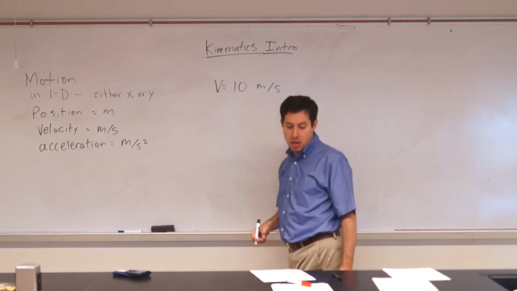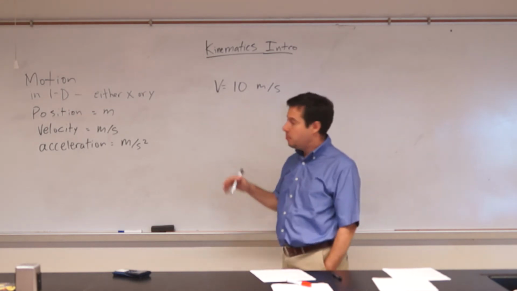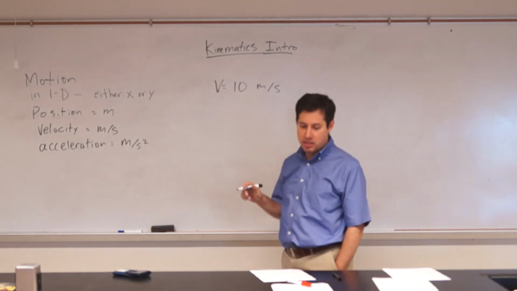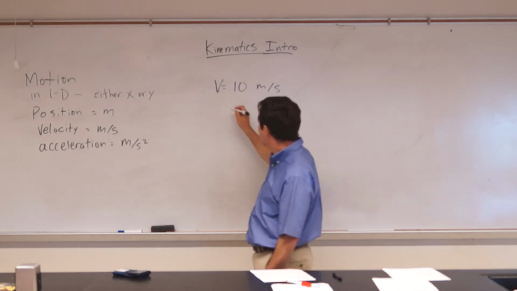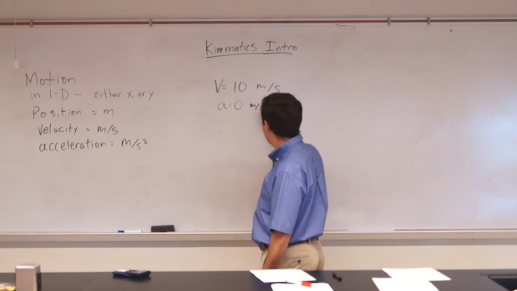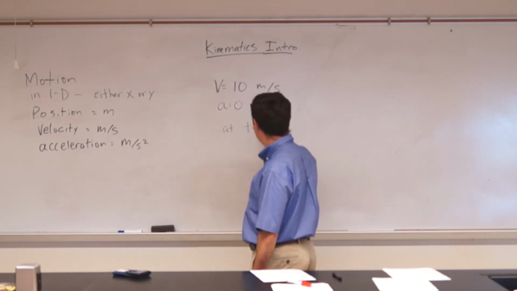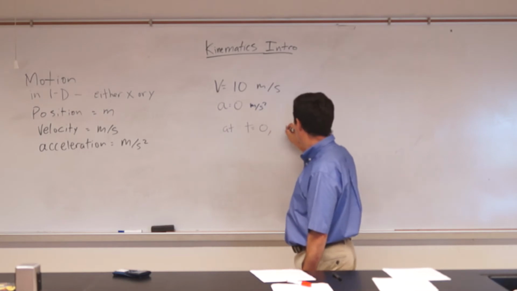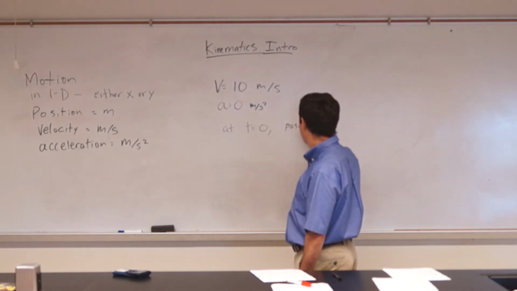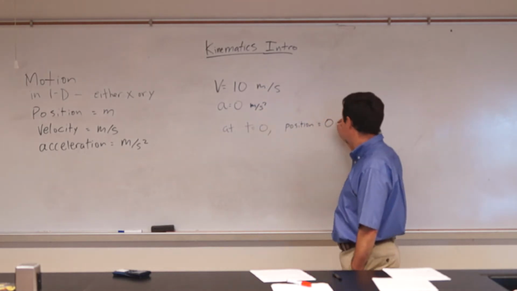All right? Now, acceleration is a little different. But if the velocity was 10 meters a second, and let's say our acceleration is 0, meaning the velocity is not changing at all. So at time equals 0, our position might be 0. I mean, we can set this, but let's just say it's 0.